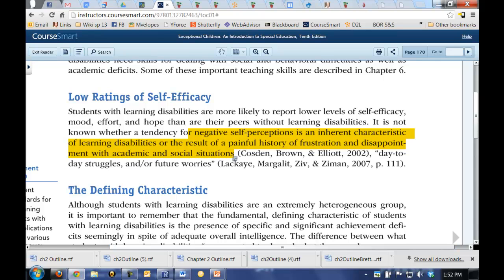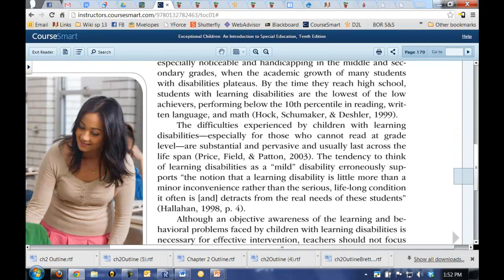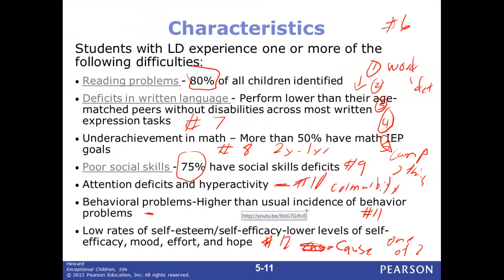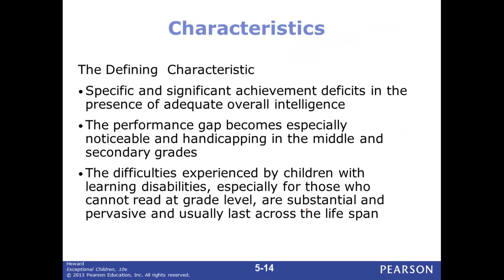So what is the defining characteristic of this? And the notes have a nice page on this. The defining characteristic is this: specific and significant achievement deficits in the presence of adequate intelligence. So the intelligence, the IQ, is adequate, but there are significant achievement deficits.